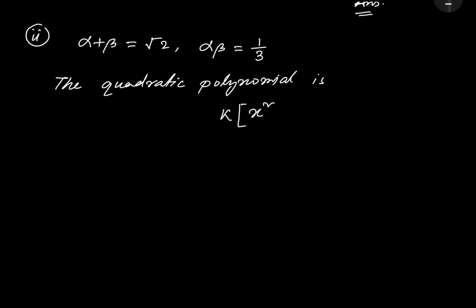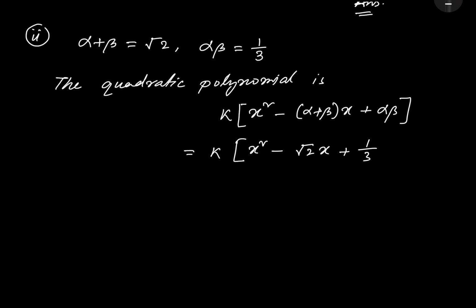So x square minus alpha plus beta x plus alpha beta. So k into x square minus root 2 x plus, here alpha beta is 1 by 3. Now I'll take LCM. So 3 as LCM, so 3x square minus 3 root 2 x plus 1.